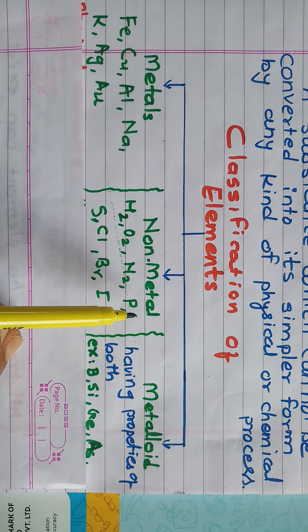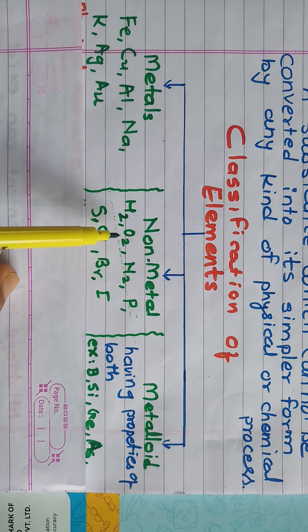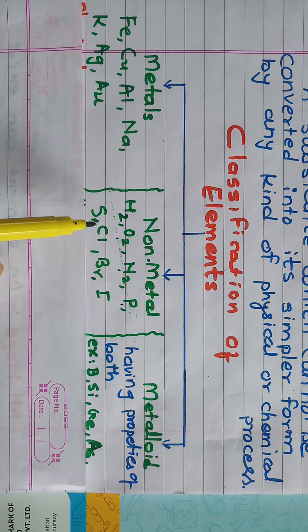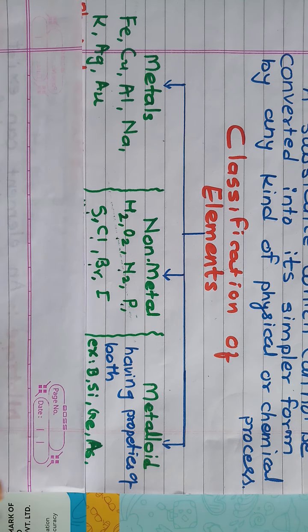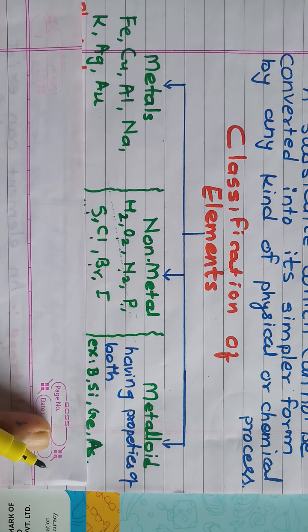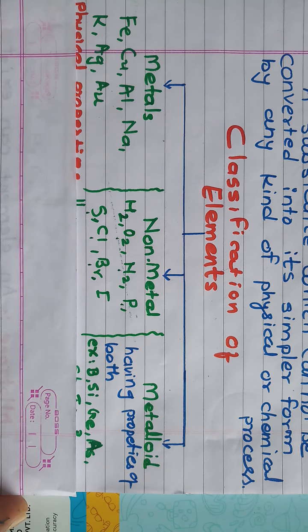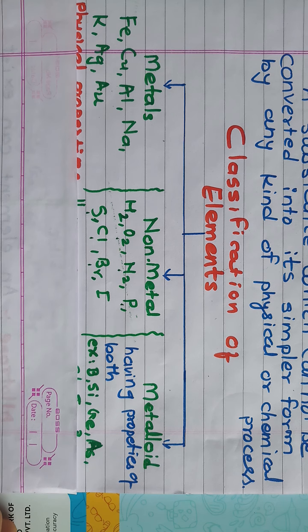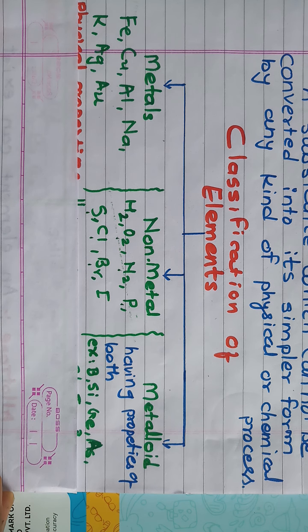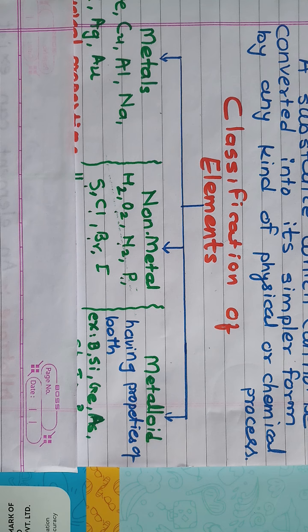Similarly, non-metals: hydrogen, oxygen, nitrogen, phosphorus, sulfur, chlorine, bromine, iodine. These are examples of non-metals. Now, we all know what metal and non-metal are, but let's see what a metalloid is. An element having properties of both metal as well as non-metal is called a metalloid.